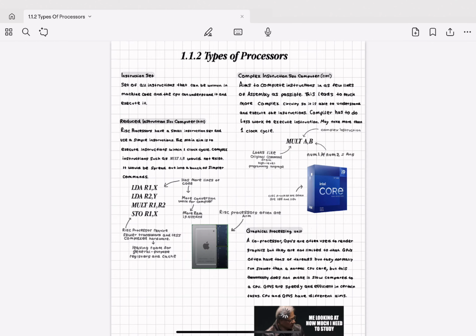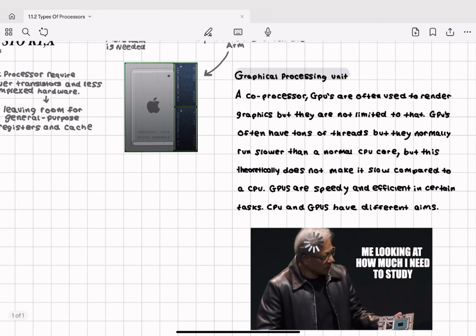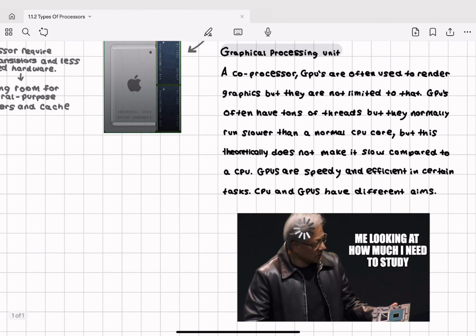And then you also have the GPU, also known as the graphical processing unit, and it's a coprocessor. GPUs are often used to render graphics, but they're not just limited to that in the modern age. GPUs often have tons of threads, tons of processors within them, but they normally run much slower than CPU cores.